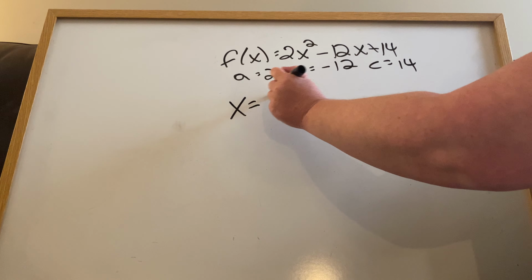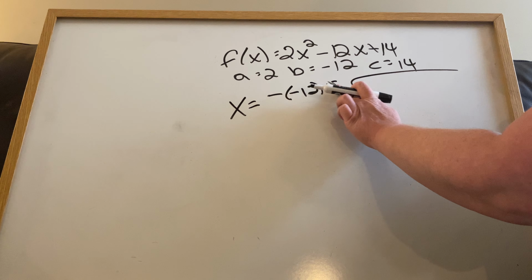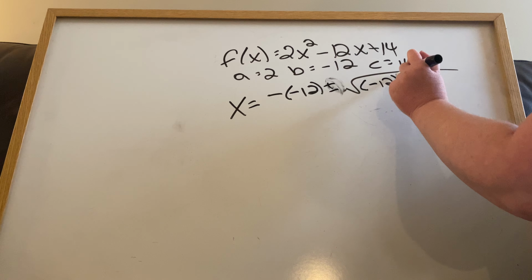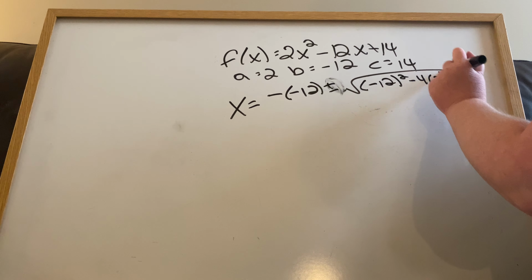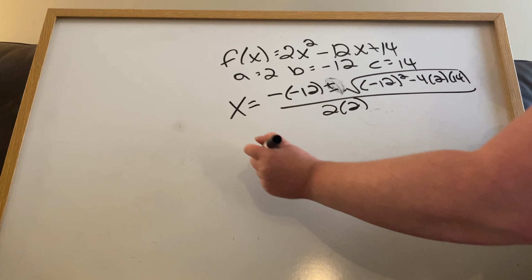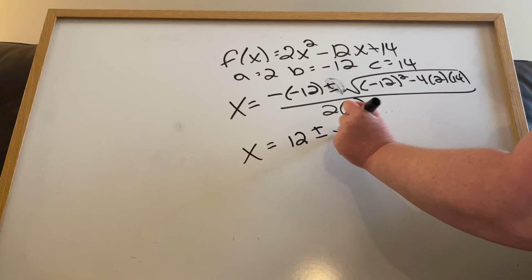So then you've got negative b plus or minus square root of b squared minus 4 times a times c, over 2 times a. So same thing, negative 12 is technically 12.